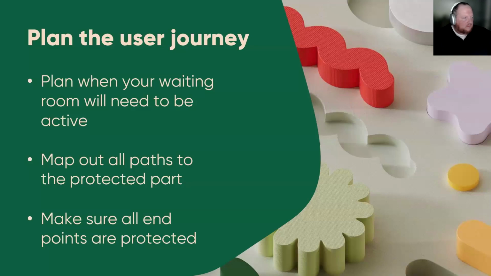We're thinking about your user journey, how you want this waiting room to behave, what you want Qt to do with your users. So when will the waiting room need to be activated? What pages are being protected? What parts of the site are there? Add to cart endpoints, which need to be protected.